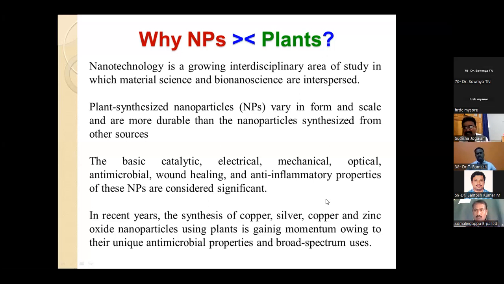These are the major nanometals we consider for synthesis of nanoparticles using various plants which have medicinal properties. As I mentioned, research is gaining momentum, which can produce multifaceted properties, including antimicrobial properties, and can also induce durable resistance in the host system.